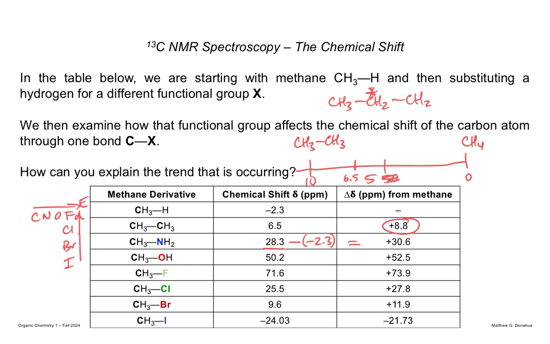They get bigger and bigger. And so there's less orbital overlap between the carbon and the halogen. And essentially what that does is affect how the radio waves interact with the carbon in that experiment.